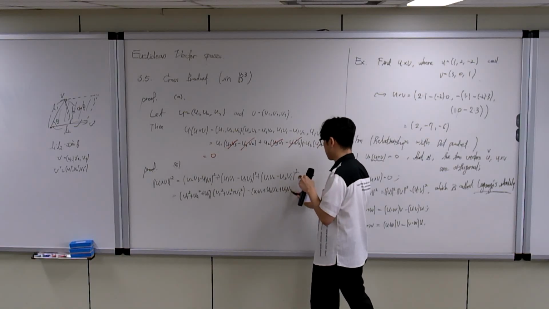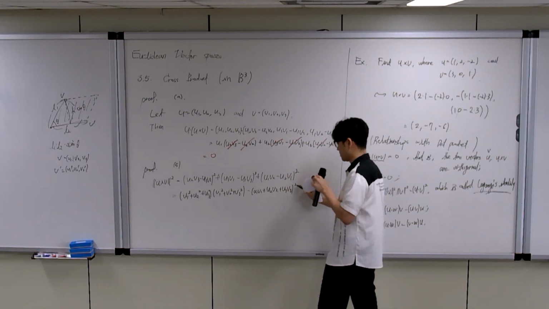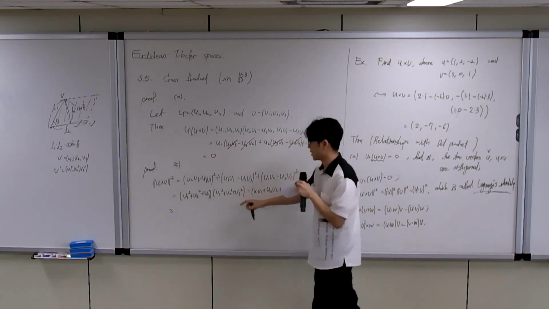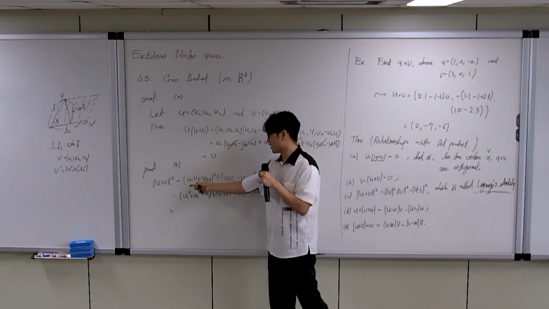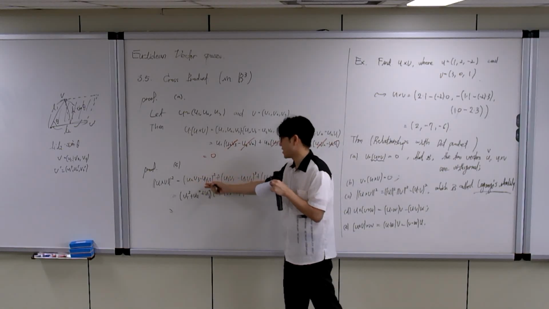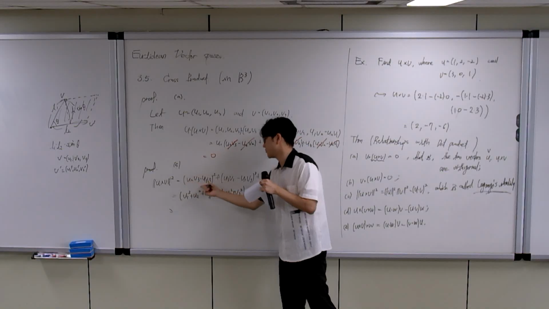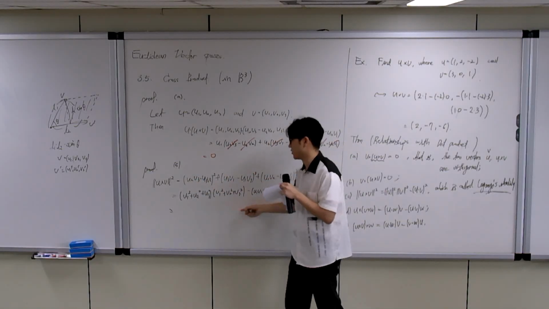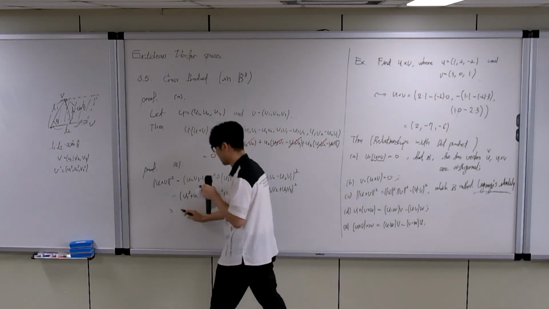U3 V3 square. You can calculate it as the vector U square times V square, and by dividing into two parts, you can calculate it.